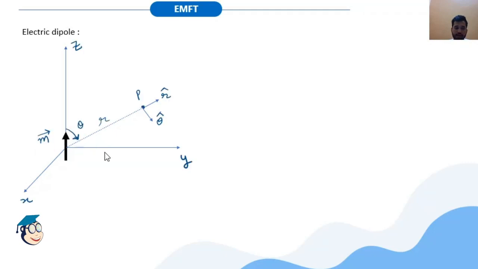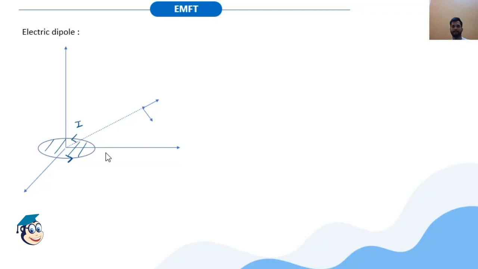So these two problems are equivalent, so you don't have to be confused if they give you a loop and ask you to calculate the vector potential or magnetic field due to this loop at any arbitrary point which is at an angle theta from the z-axis and a distance r from the center of the loop.